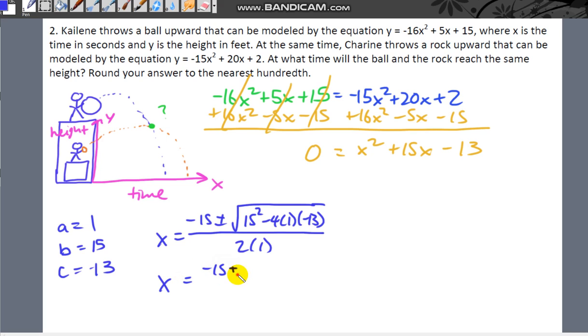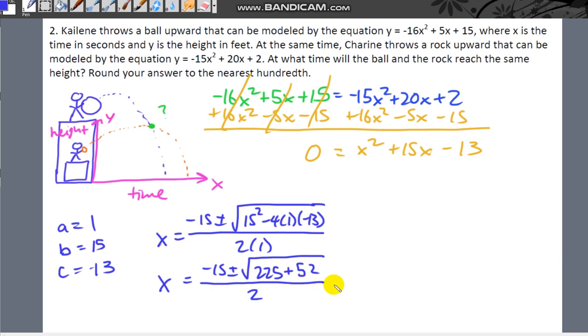These are a few of my favorite things. Okay, 15 squared. 15 times 15 is going to be 225. Two negatives become positive. 4 times 1 is 4. 4 times 13 is 52. We're going to divide this by 2 times 1, so that's 2.